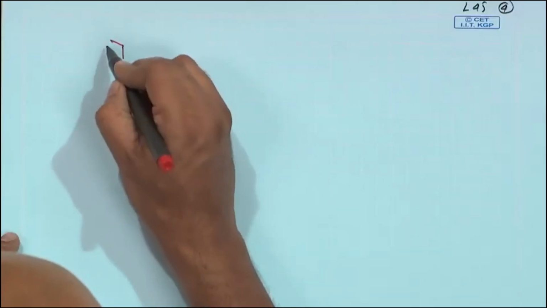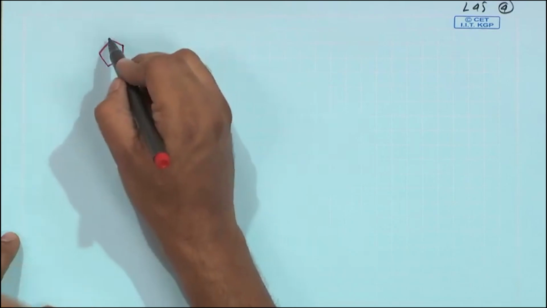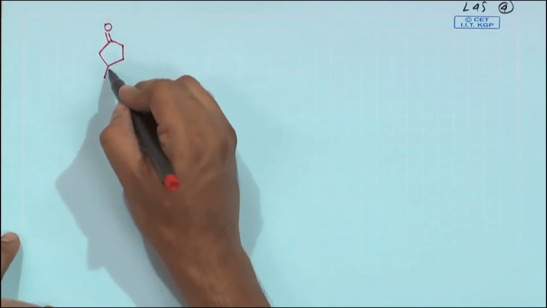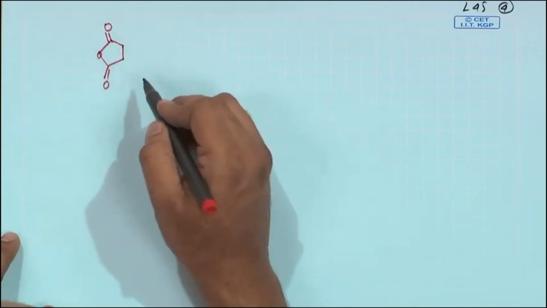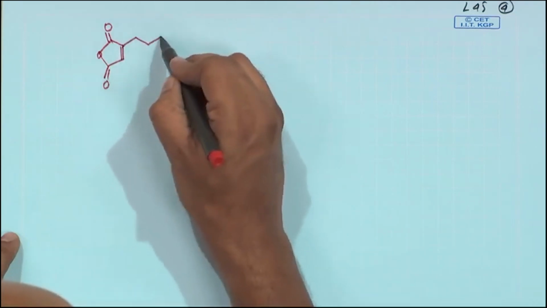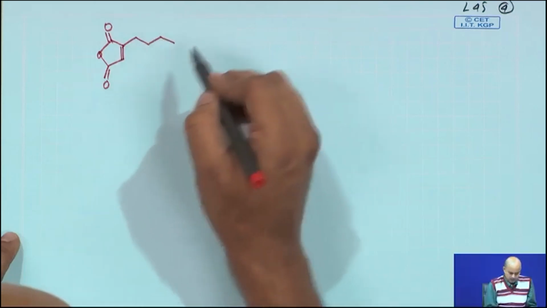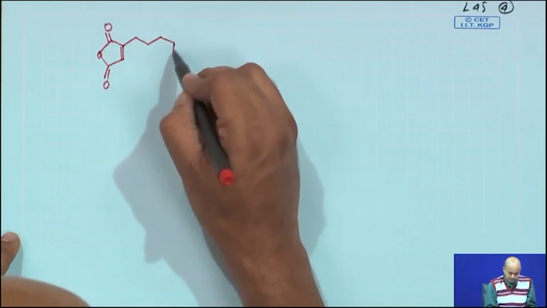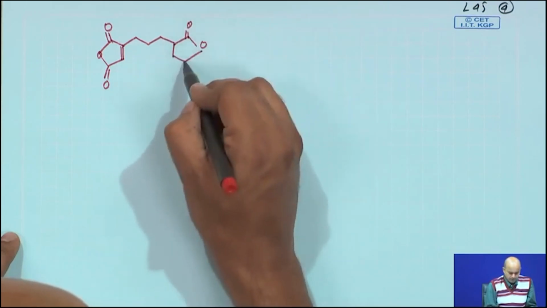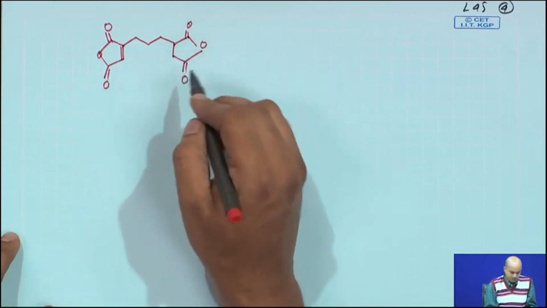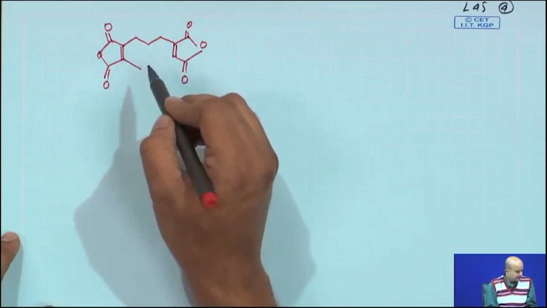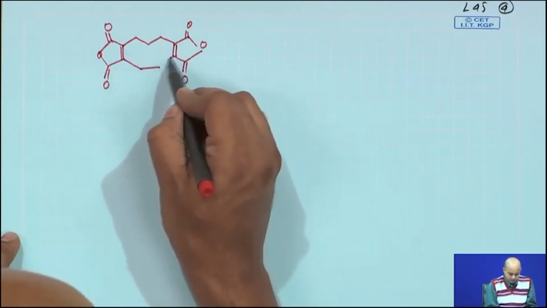The example will be a natural product, and its name is bisocalamic acid. You see its structure very carefully. The left hand side and right hand side of this molecule have a maleic anhydride part, and then these 2 maleic anhydride parts are joined.